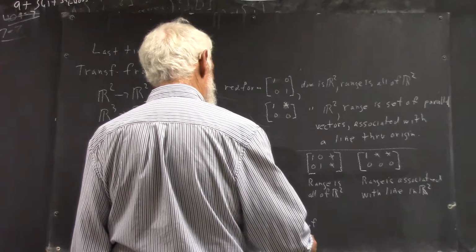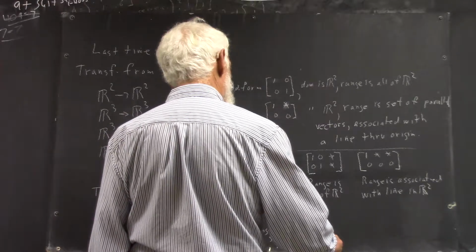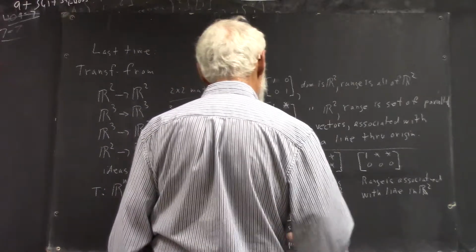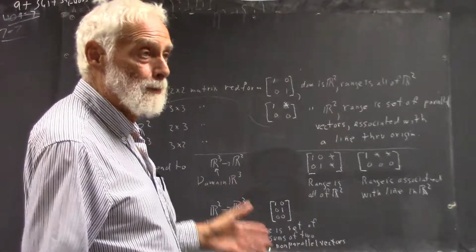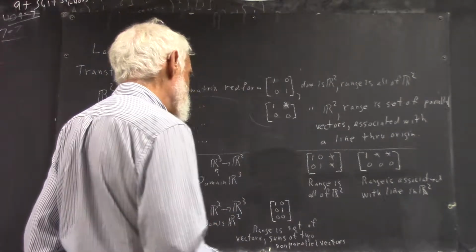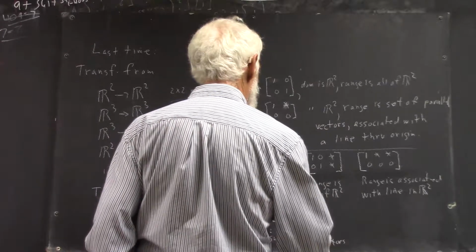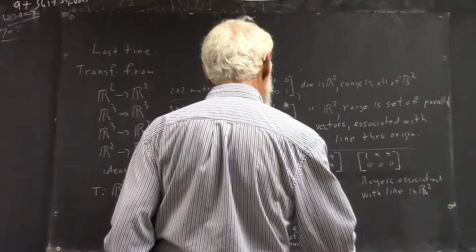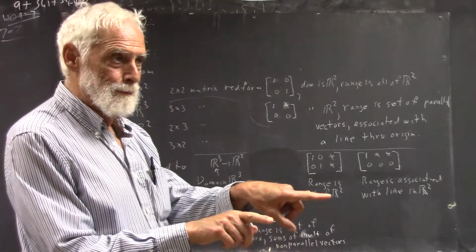Now say this is a sum of two non-parallel vectors, okay? Set of all possible sums of multiples of, so you got two non-parallel vectors.